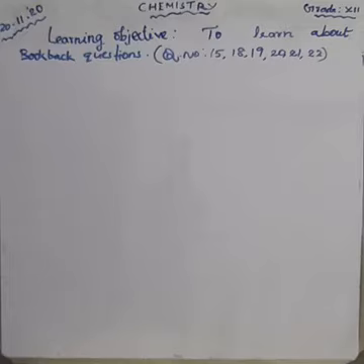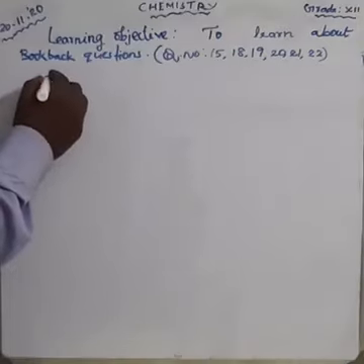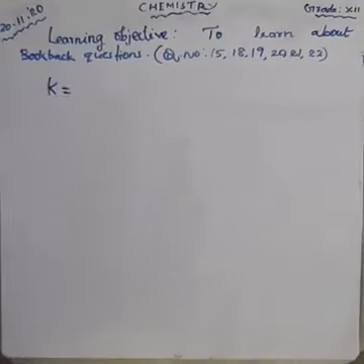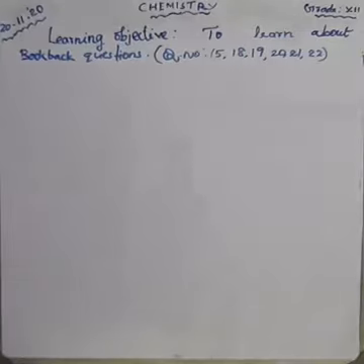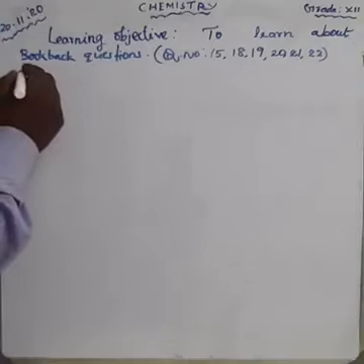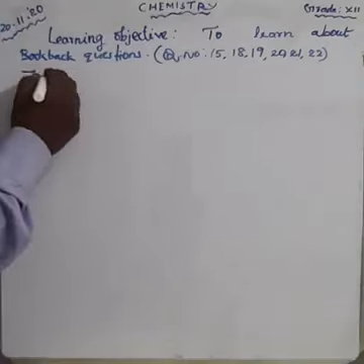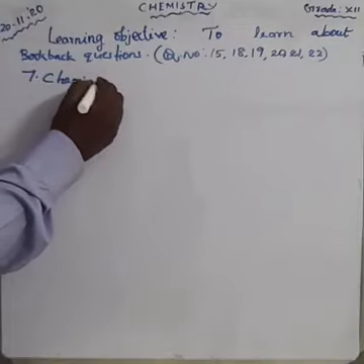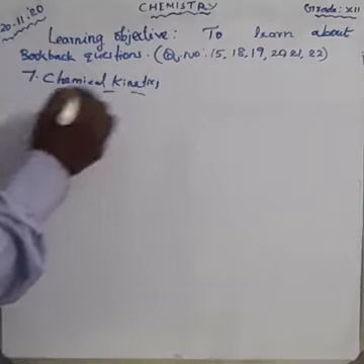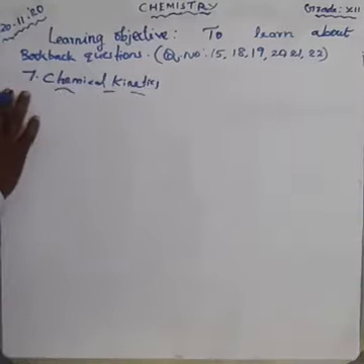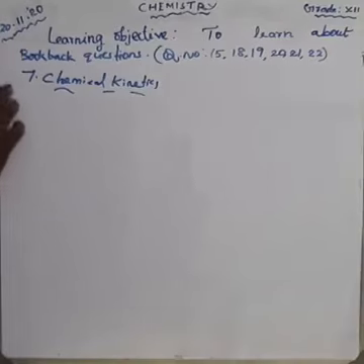First write the formula. You should write the rate constant K. First of all, write the question number. The question number is 15, lesson 7, chemical kinetics, book back question, page number 230.